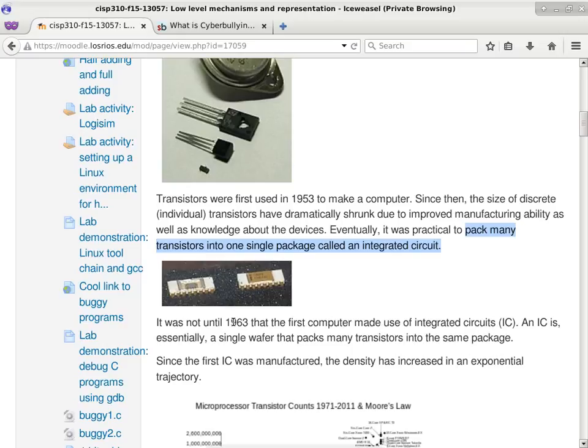It was not until 1963 that we had the first computer making use of ICs as the main component. So that only took 10 years. It took 30 years to go from vacuum tubes to transistors, but after that, it only took 10 years to go from discrete transistors to ICs. Do you see the shortening of the gap of revolutionary changes in technology?